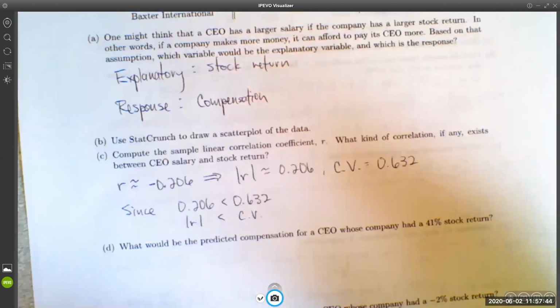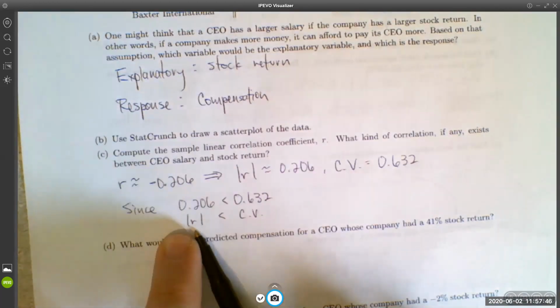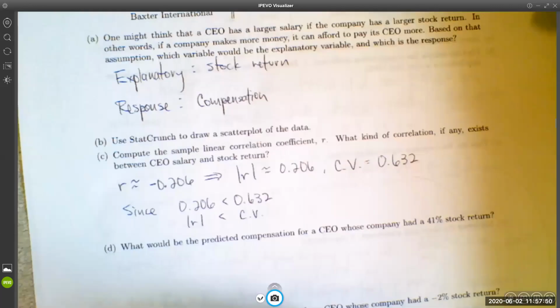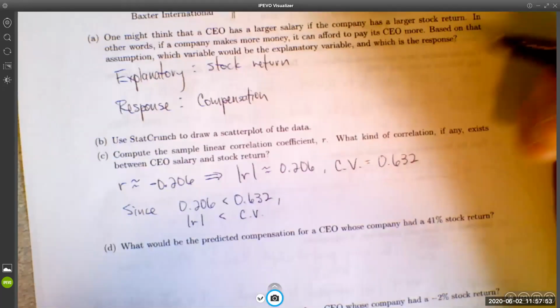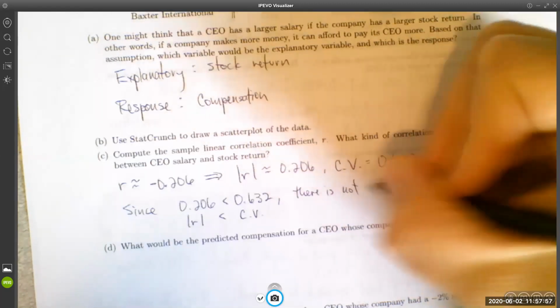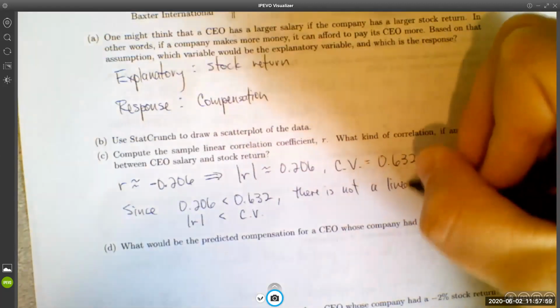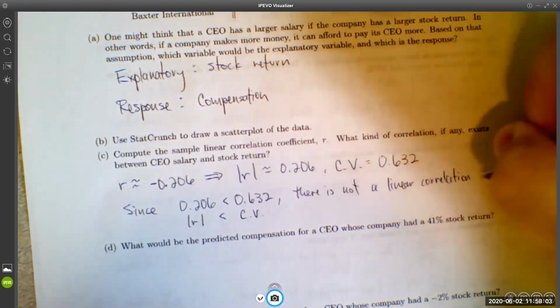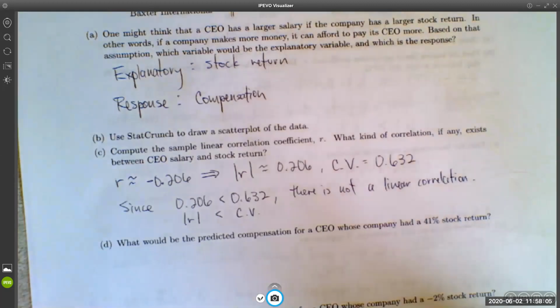Remember, our correlation coefficient needs to be bigger than the critical value, and here it's not. So there is not a linear correlation between the variables.